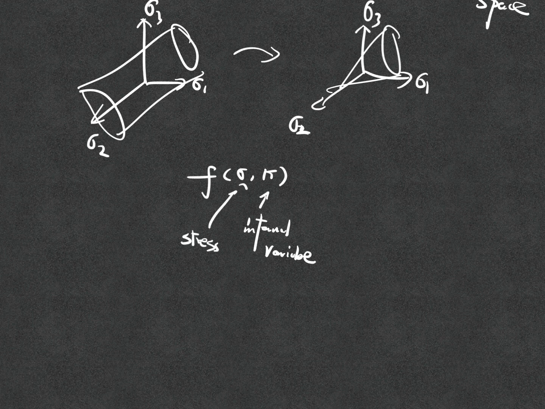I would restrict it to only sigma 1, sigma 2, sigma 3, and kappa. For the moment, kappa is undefined. It just represents something like what we learned from J2, the back stress, or the radius of the yield function. It's just some parameter for us to manipulate the geometry of the yield surface.